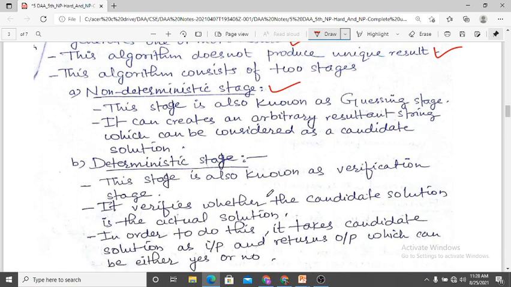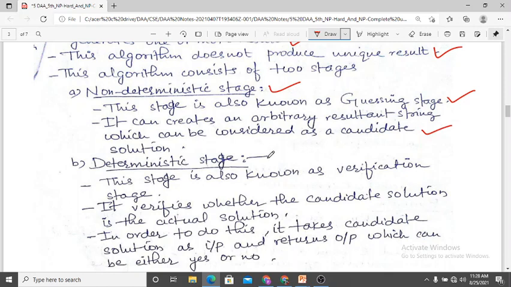The first one is the non-deterministic stage, the second one is the deterministic stage. The non-deterministic stage is also known as the guessing stage. It can create an arbitrary resultant string which can be considered as a candidate solution.